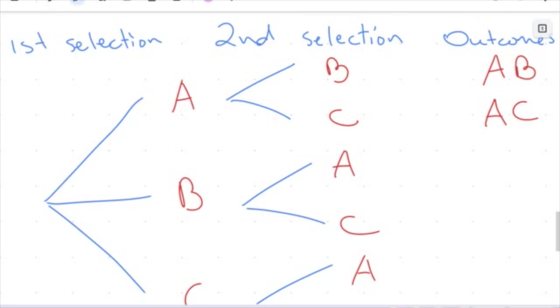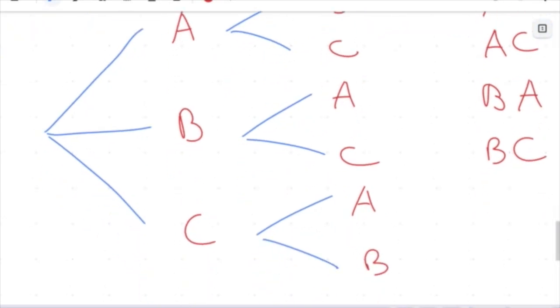Now, my next branch of my tree, I'm getting a possibility of Brad first, followed by Anna, Brad first, followed by Chris, and then Chris followed by Anna on my third branch, and following this along. Chris first, Anna second, and then Chris first, Brad second.